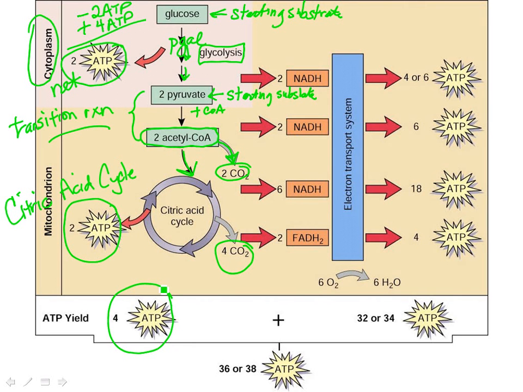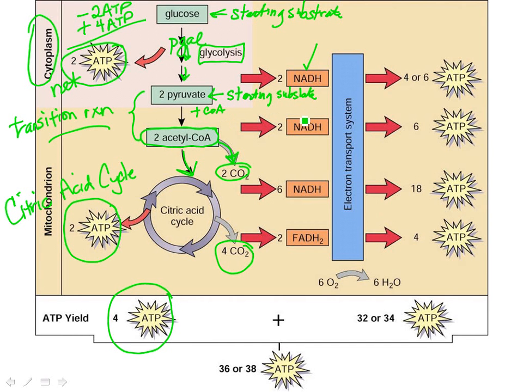It says all along the way, our nucleotide coenzymes have been helping us transport energy about the reaction. So they were actually picking up the hydrogen ions and electrons. And for glycolysis, we had 2 NADHs that would move up to the electron transport system to drop off hydrogen ions and electrons.